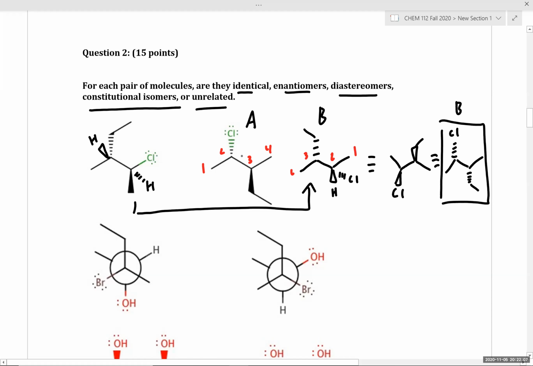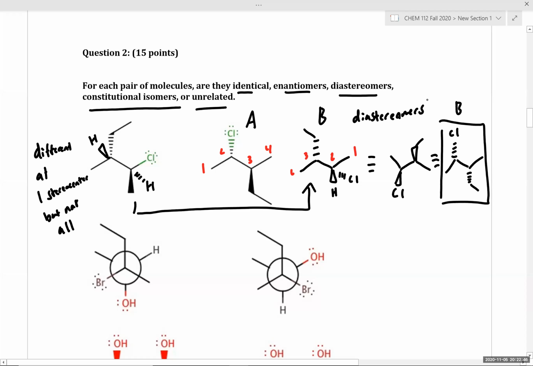And are they different and opposite at every stereocenter or only one? Just one, right? If they're different at one or more, but not all stereocenters, what do we call that? We call this pair a pair of diastereomers.